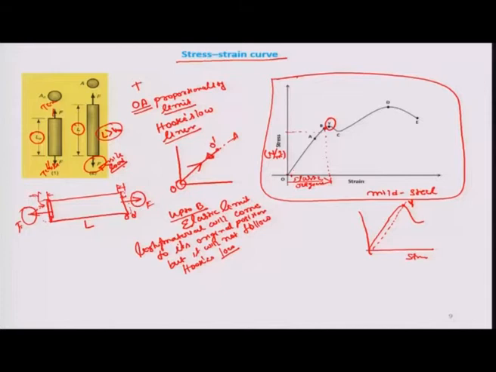So this is 0.2% of the strain, and yield strength can be defined as the stress at which material begins to plastically deform.